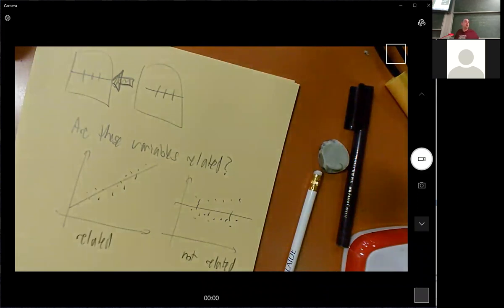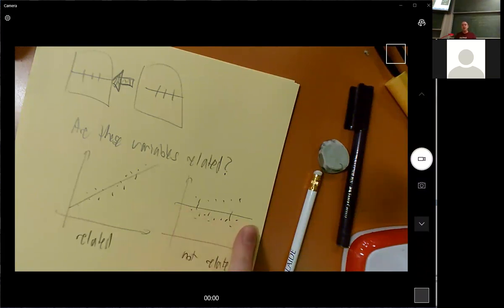So if sleep makes no difference to grades, then different people with different amounts of sleep should on average just have the same grades. That's just how it should work out. And people with the same amount of sleep should have just as much difference between them as people with different amounts of sleep.